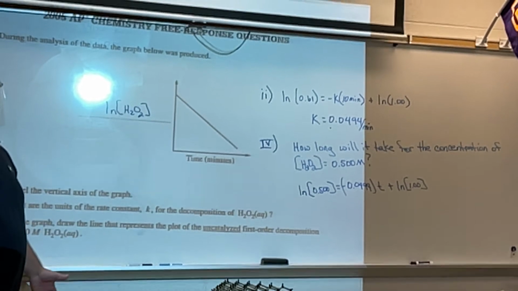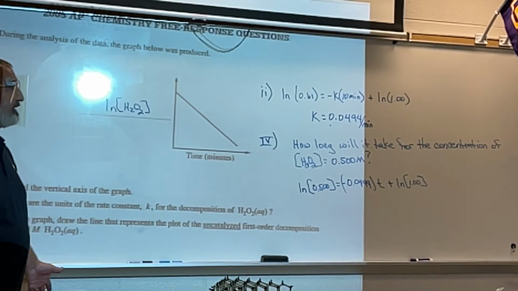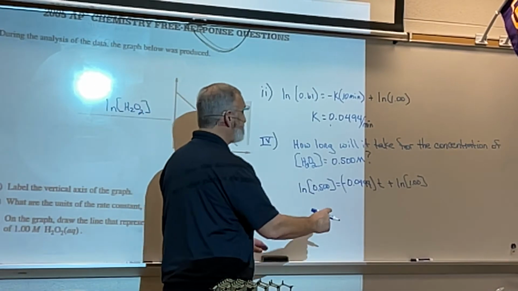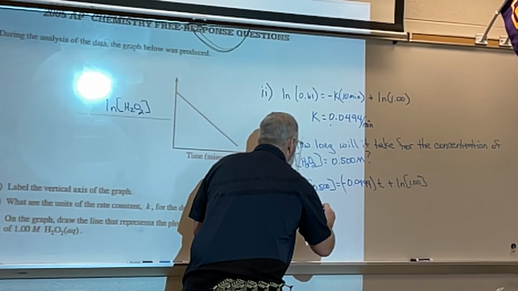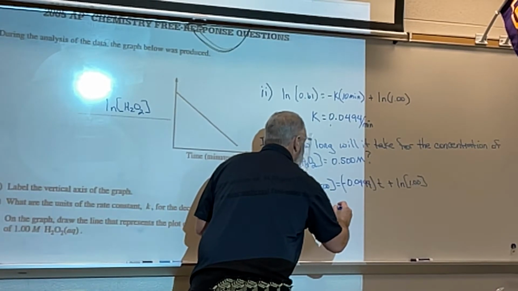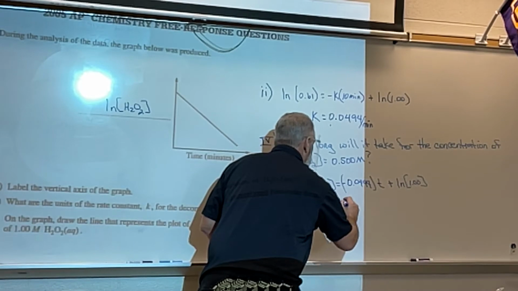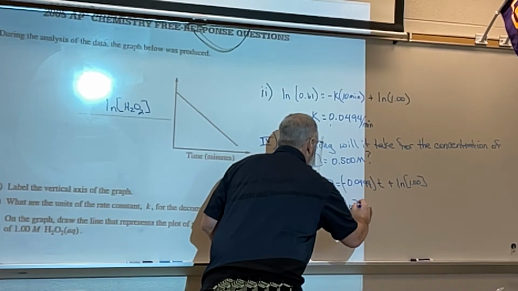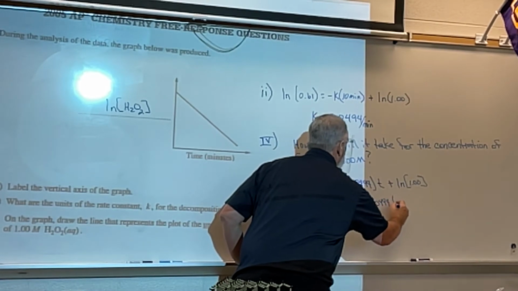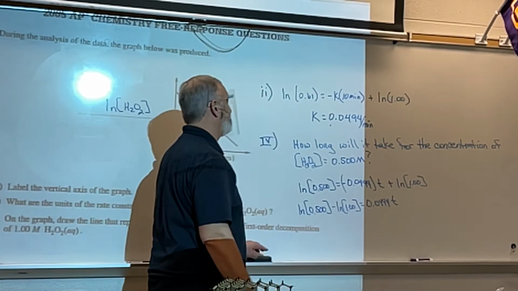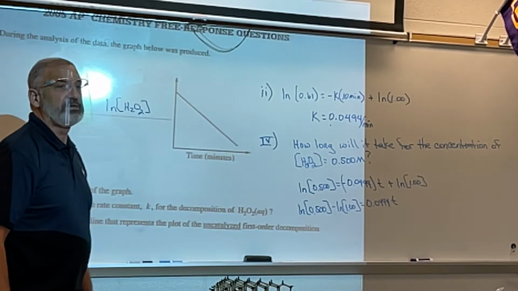Okay, we all with me on that one? Now, when we do the subtraction, and this is where your math is going to come in again, the natural log of 0.5 minus the log of 1 is equal to 0.0494 t. Right?